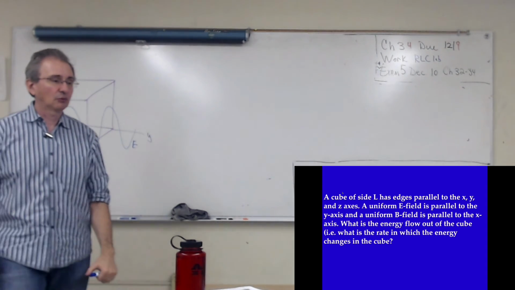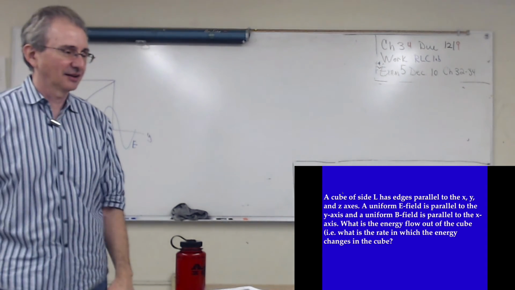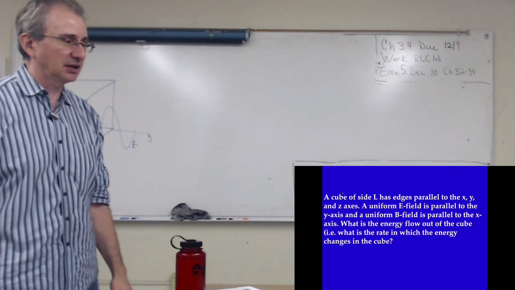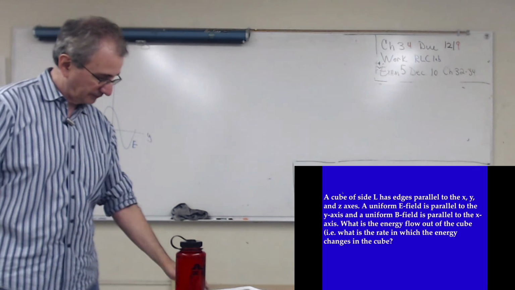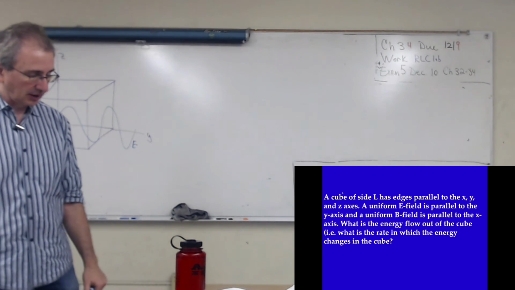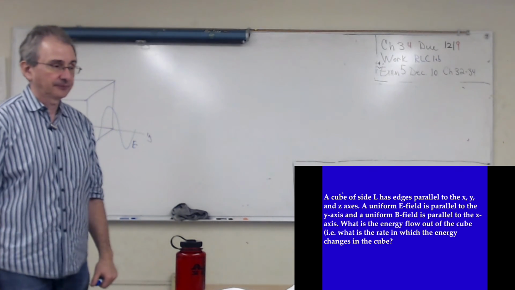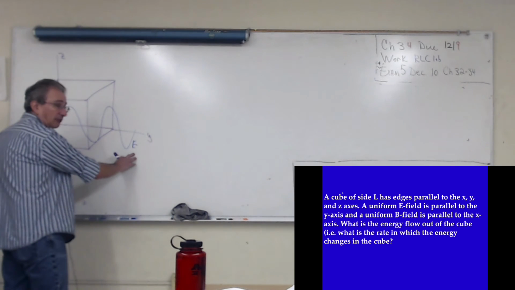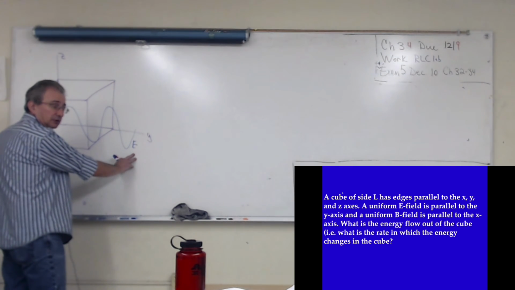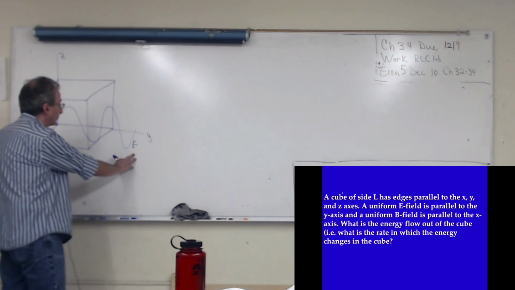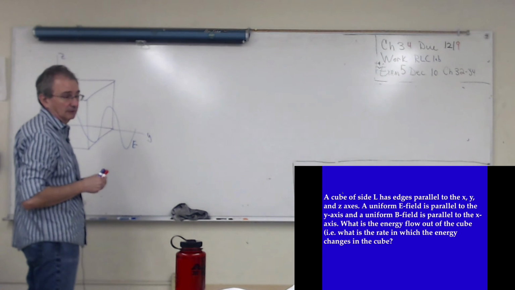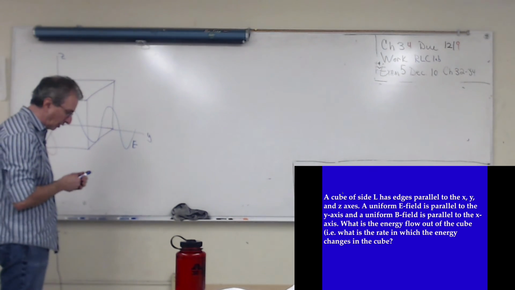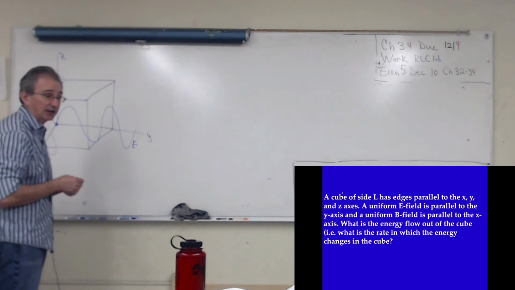I want to know what is the energy flow out of the cube? What is the rate at which the energy flows in or out of the cube? It's a uniform electric field, a uniform magnetic field. The amplitude is the same everywhere. Well, in order for me to figure out the energy flow, I've got to calculate the Poynting vector.